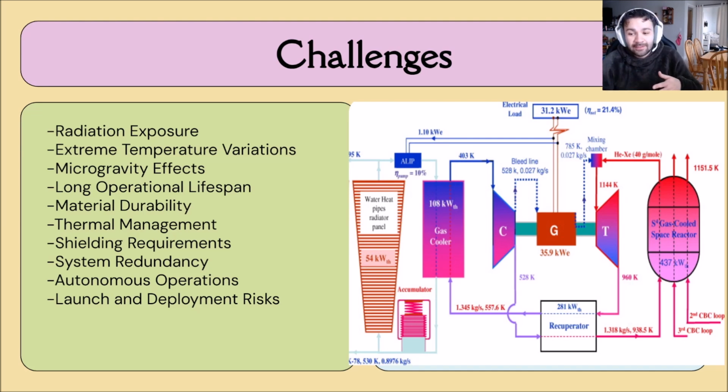Also, a nuclear power plant generates a lot of power and also a lot of heat. Because of that, we need to be able to disperse this heat and reduce it so it doesn't overheat. And that is a huge challenge, especially in space, where there is a vacuum and you can't rely on convection or conduction to disperse heat.